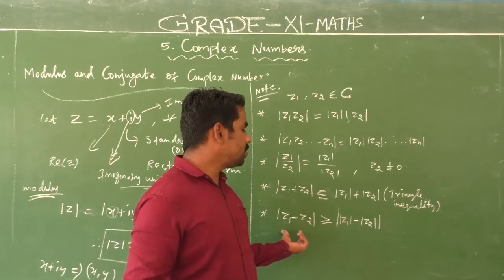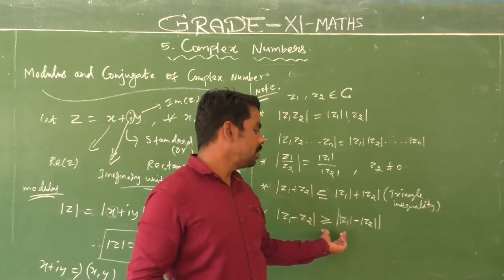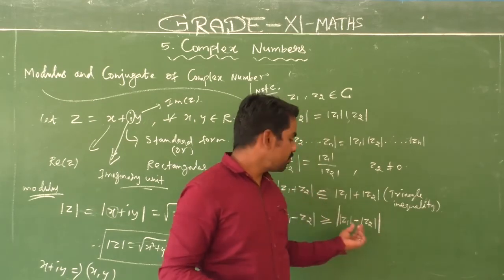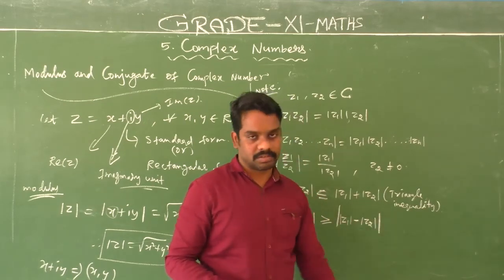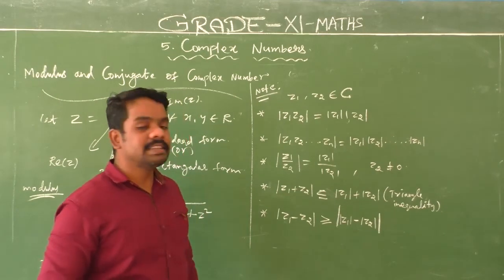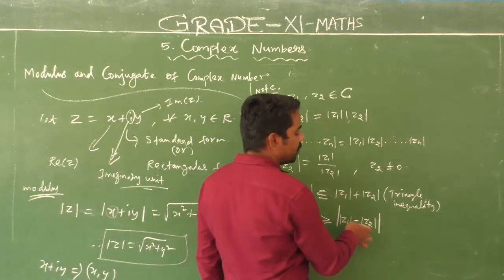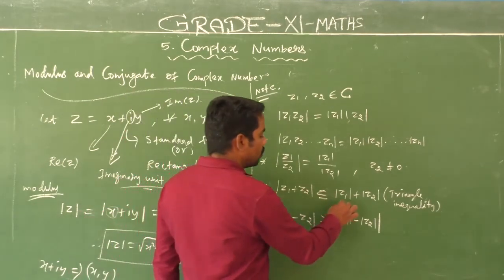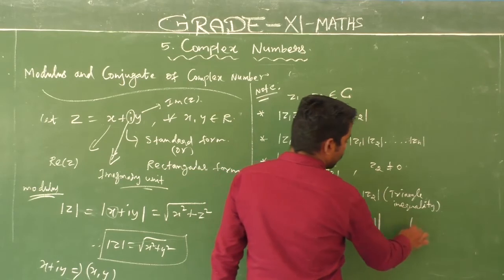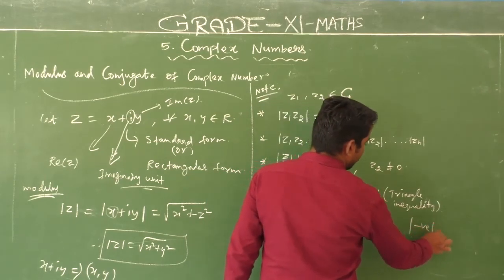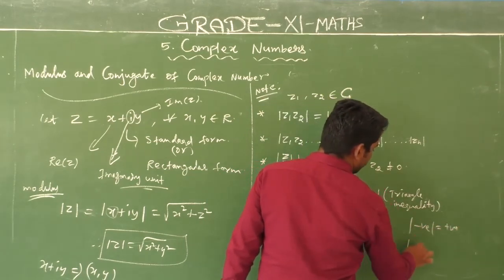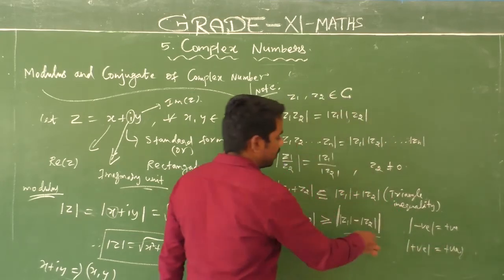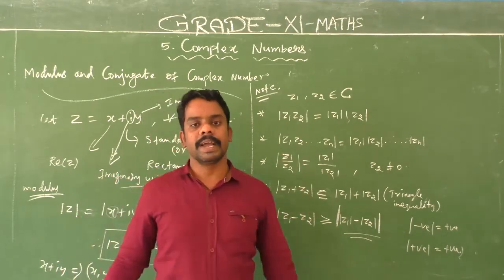Next, modulus of z1 minus z2 is greater than or equal to the whole modulus of modulus z1 minus modulus z2. Here the value of modulus z1 minus modulus z2 can be positive or negative, so we take the whole modulus, which is always a positive value.